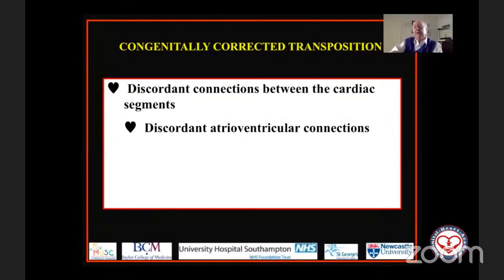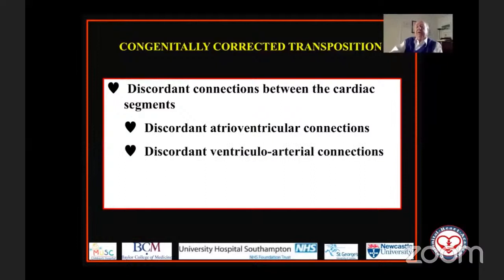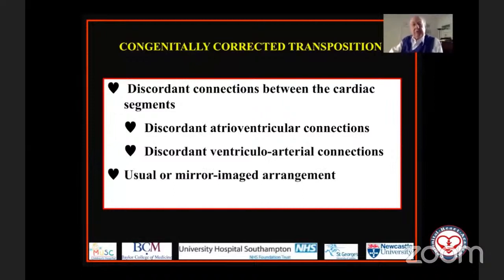So what we are looking at today is the combination of discordant atrioventricular connections and discordant ventricular arterial connections. And it is the combination of the two discordant connections that cancels each other out, hence the congenital correction of the circulation. What we're going to show you is that we can find this either with usual atrial arrangement or rarely with mirror imaged atrial arrangement.